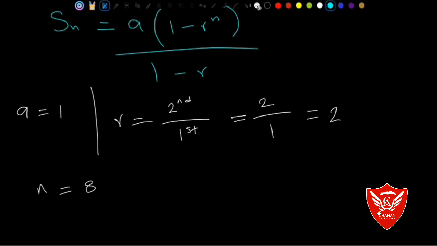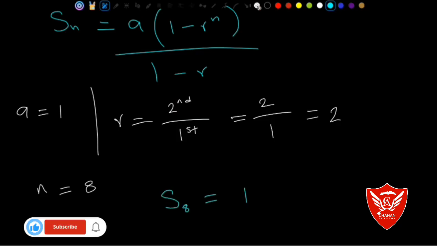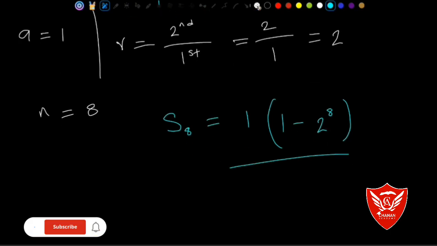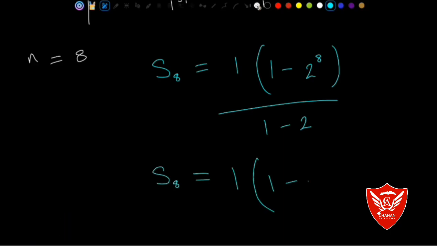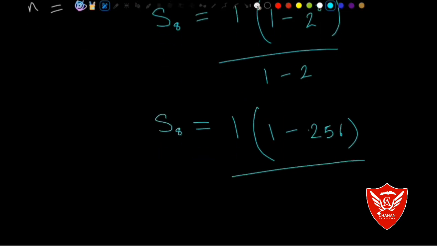So the sum of the first 8 terms, S of 8, is going to be equal to the first term 1, in brackets, 1 minus the ratio 2 raised to the power of 8, all over 1 minus 2. And 2 raised to the power of 8 is 256, and 1 minus 2 is minus 1.